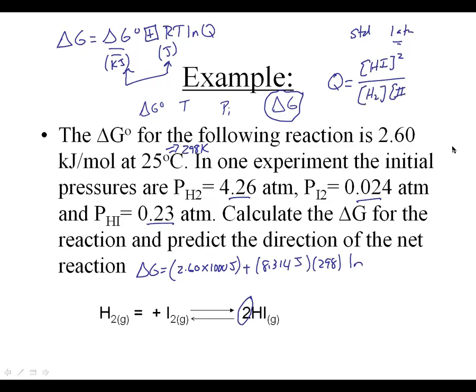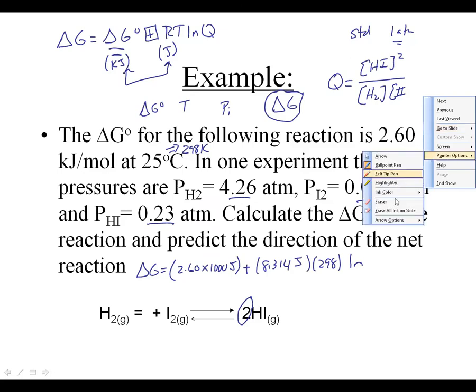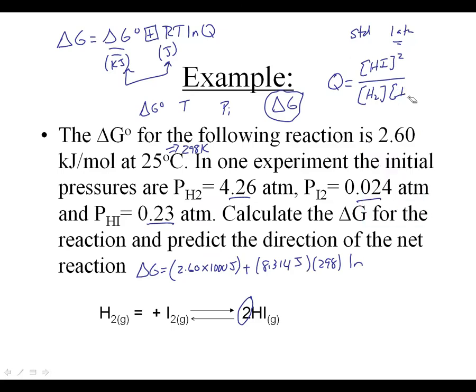Although I just wrote concentrations, just like K, you could also do this with the pressures of each of these: the pressure squared of HI divided by the pressure of H2 and the pressure of I2. So you could do it either way, pressure or concentration.